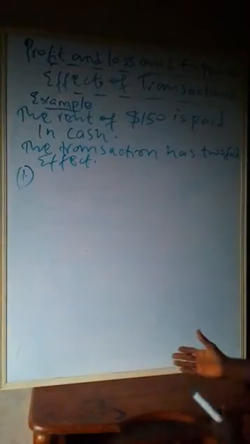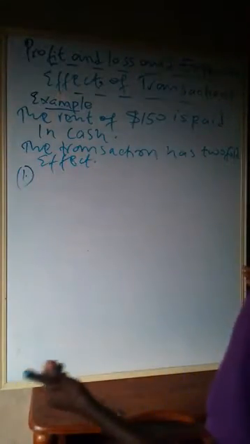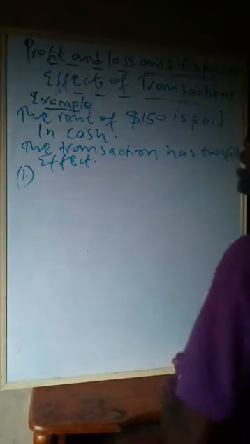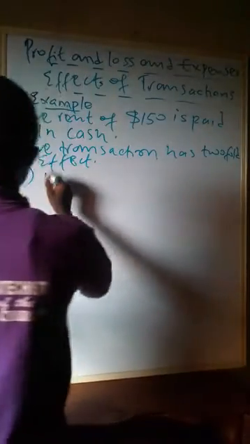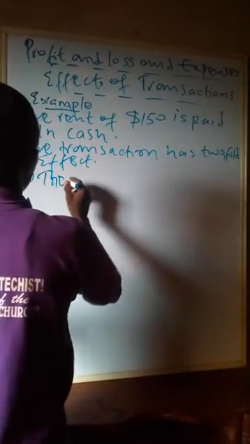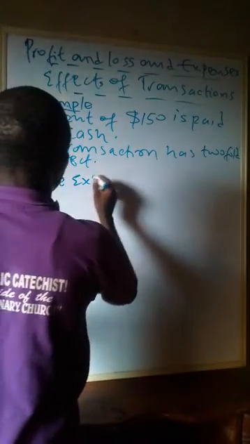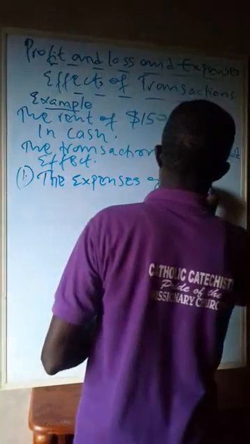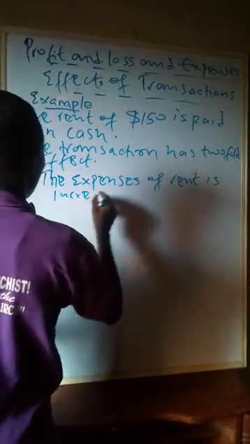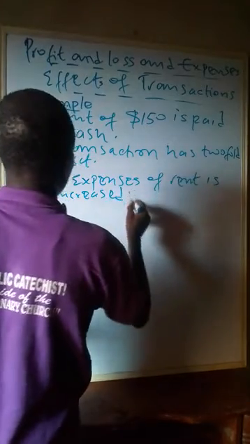the twofold effect. We first of all consider the debit entry before we consider the credit entry. What is debit entry here? Rent expenses, the bill of expenses, are on the debit side. So that means the expenses of rent is increased.